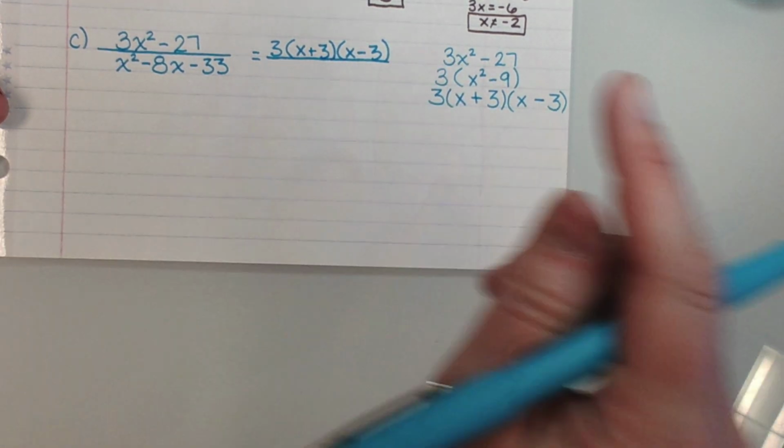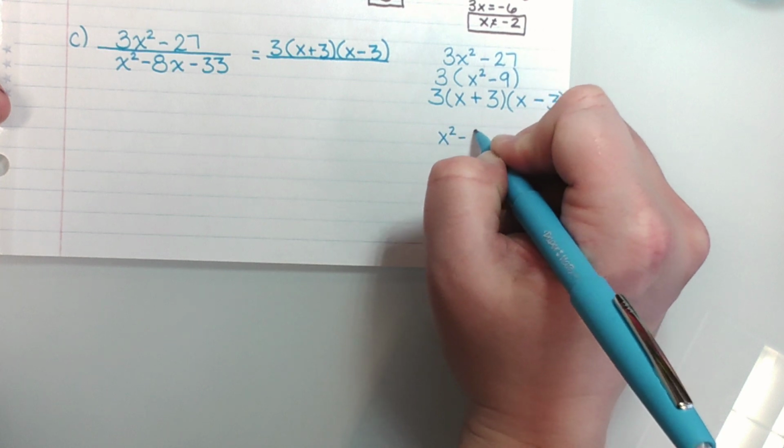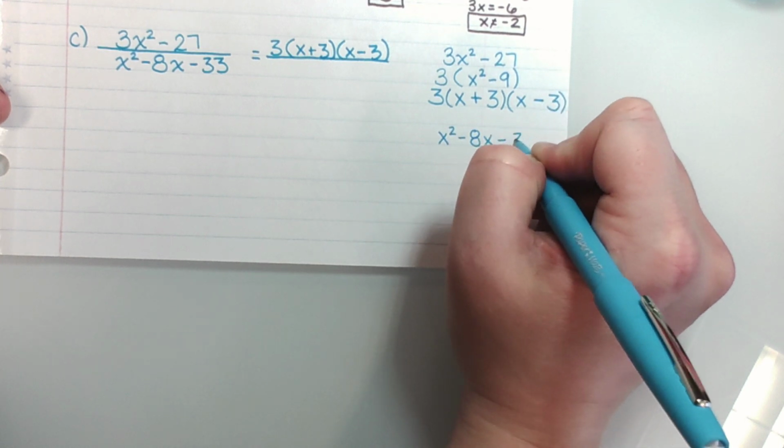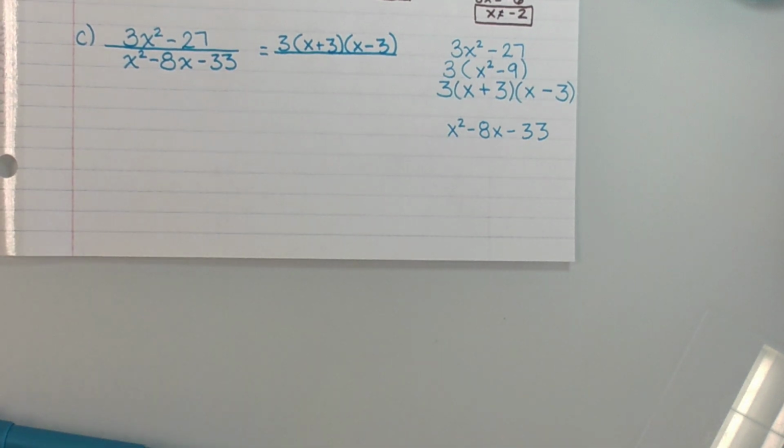Can I factor the denominator? Yes. You don't have to pull it off to the side if you notice that it's one step. If you're not sure, pull it off to the side. How do I factor x squared minus 8x minus 33? Shortcut, because GCF is 1. Shortcut, I can do because the coefficient of x squared is 1.